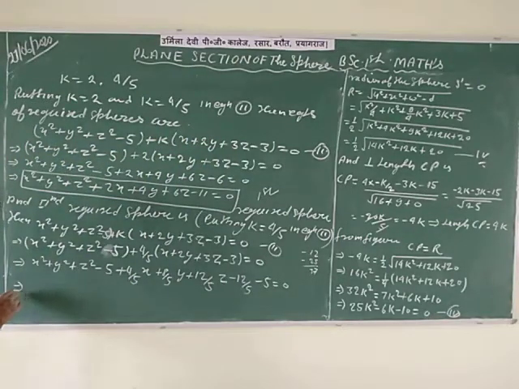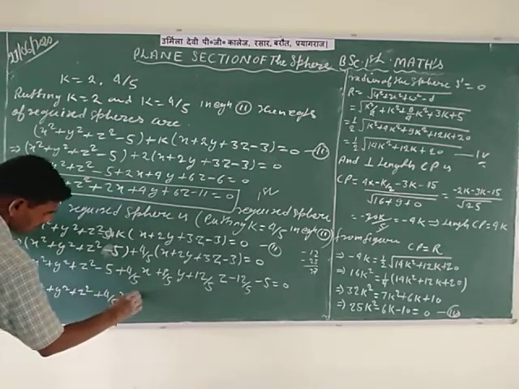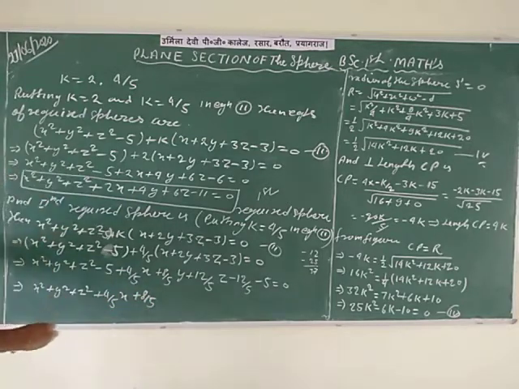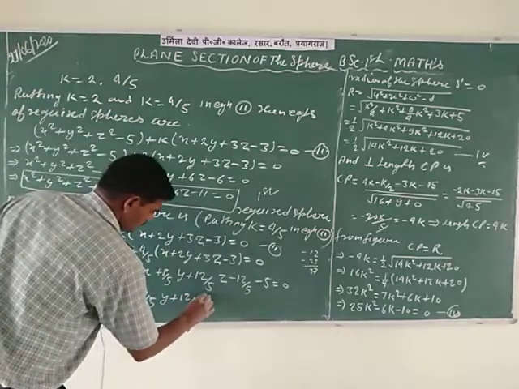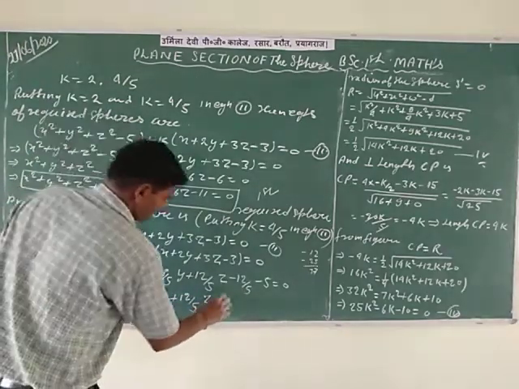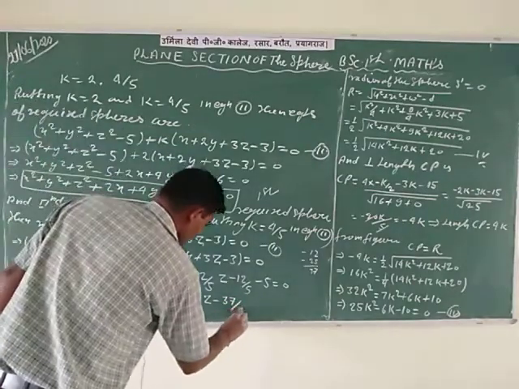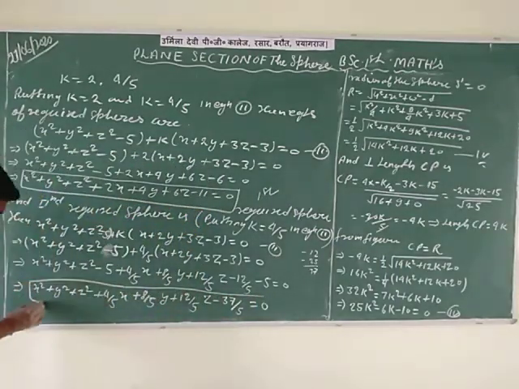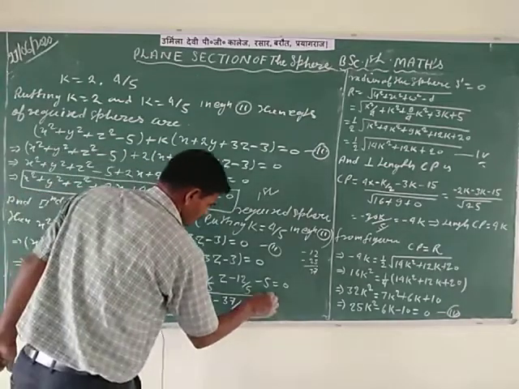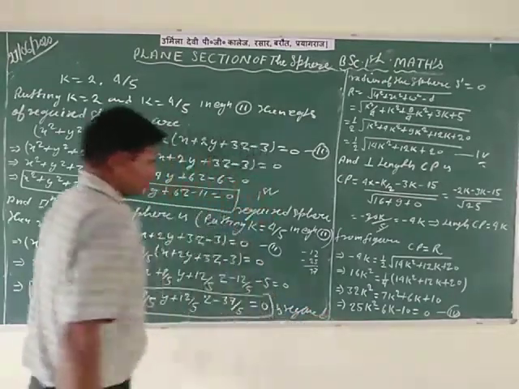So the second sphere is x square plus y square plus z square plus 4 by 5 x plus 8 by 5 y plus 12 by 5 z minus 37 by 5 is equal to 0. This is the second required sphere.